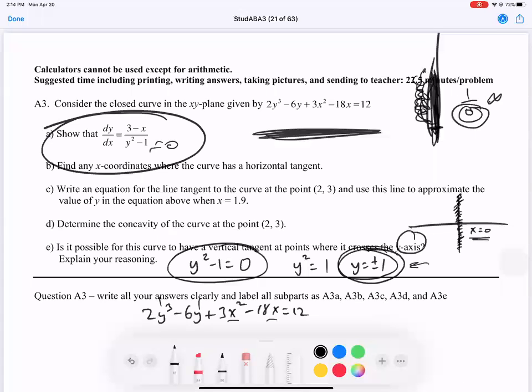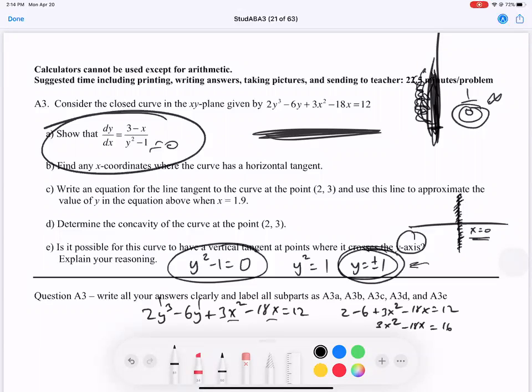In this case, this will become 2 minus 6, because y is 1, plus 3x squared minus 18x equals 12. If you go ahead and solve this, it's going to be 3x squared minus 18x equal to 16.